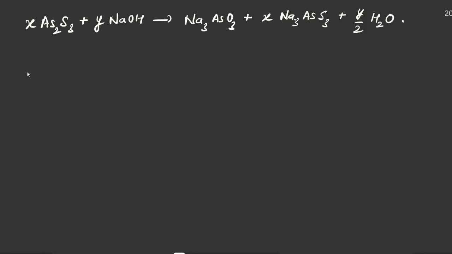In As2S3, arsenic is in +3 oxidation state, sulfur is in -2.